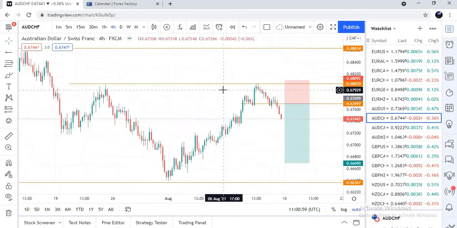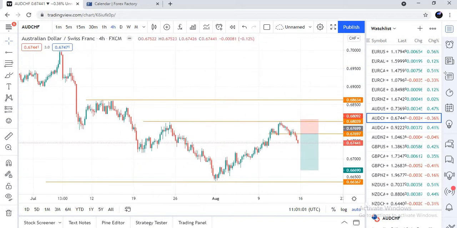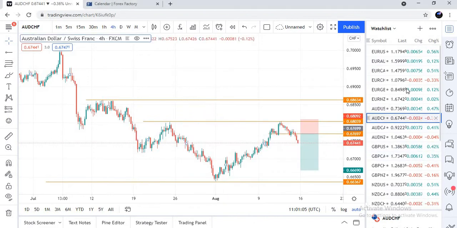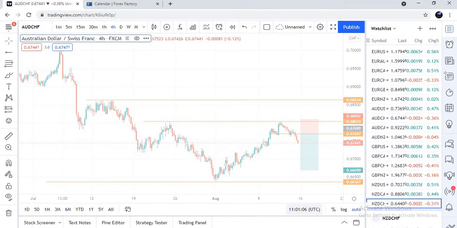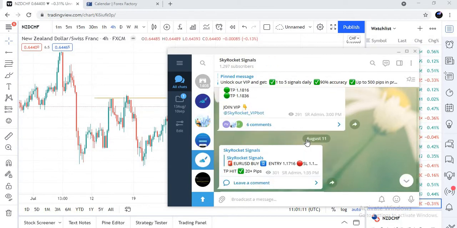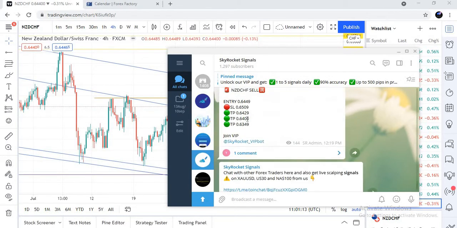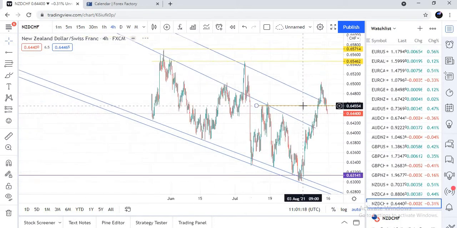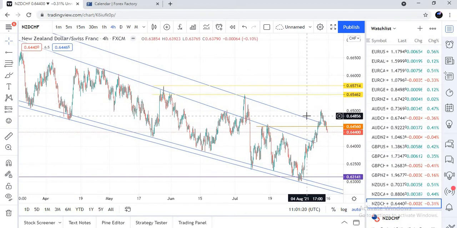And the next pair we dropped a signal on was the NZD to the CHF. That's New Zealand dollar to the Swiss franc. And I think we also sent this to the free signal group. We didn't use the same technique that we used to place that trade to place this.